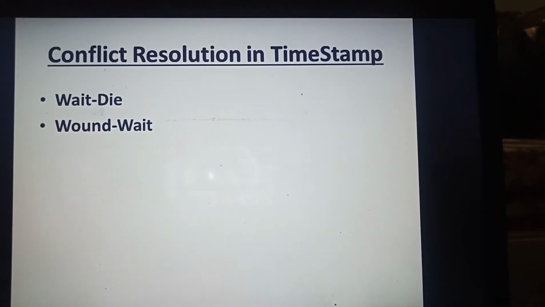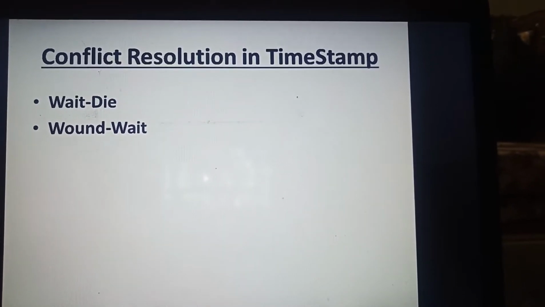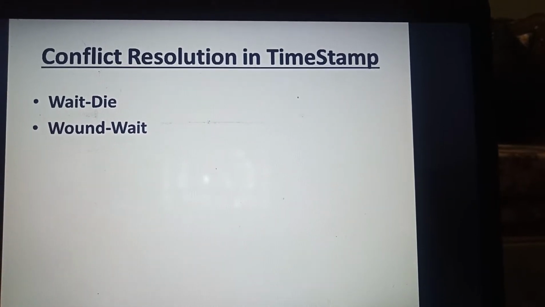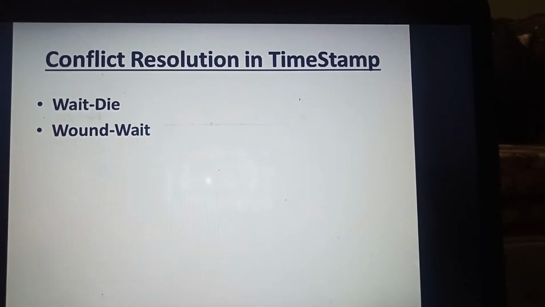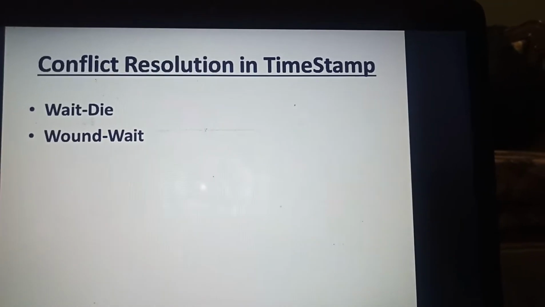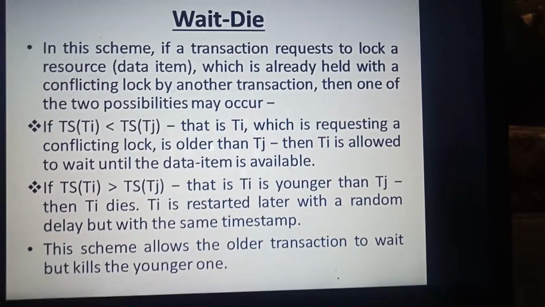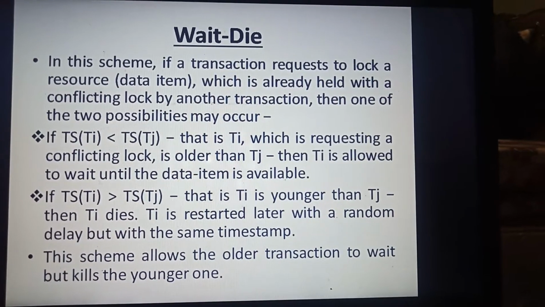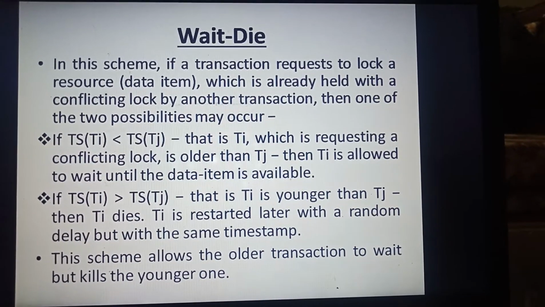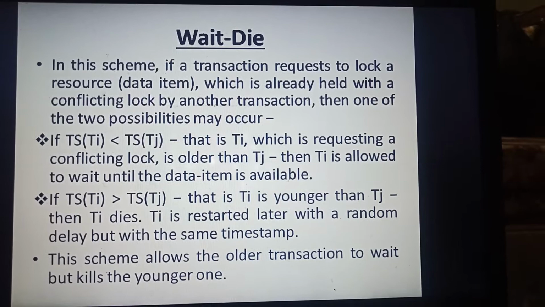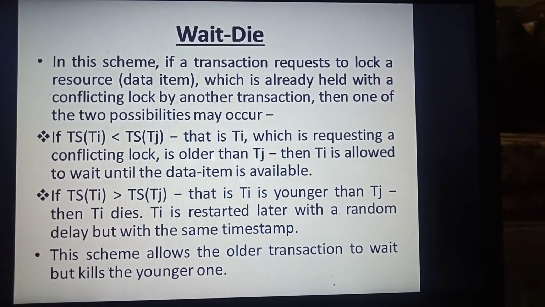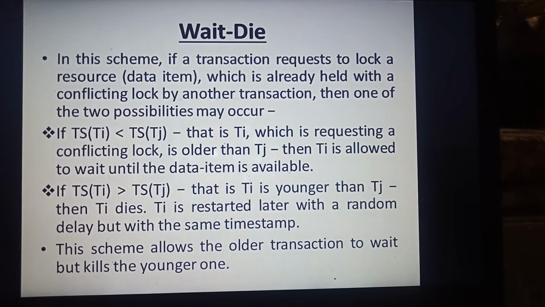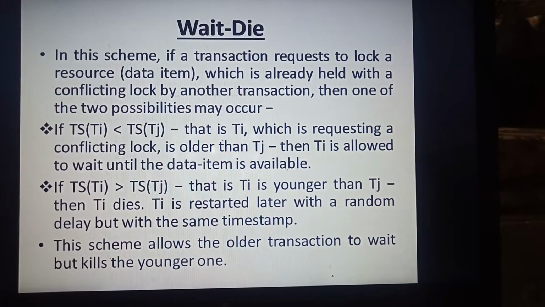So, whenever conflicts occur in timestamp, we can resolve them through these two methods, wait-die and wound-wait. So, in the wait-die method, if a transaction requests to lock a resource or data item which is already held with a conflicting lock by another transaction, then one of the two possibilities may occur.